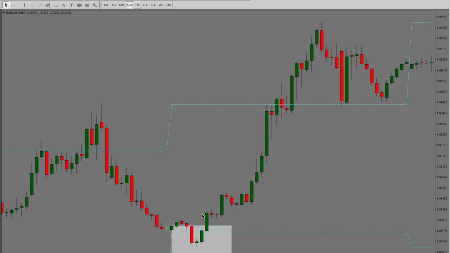So, I mean, it's ridiculous when people share something that they supposedly traded since 2006, and this basically depicts how the entire retail trading world works. They take a concept which is not based on professional understanding. They just draw a line, this daily high and daily low line. What does it mean in reality?